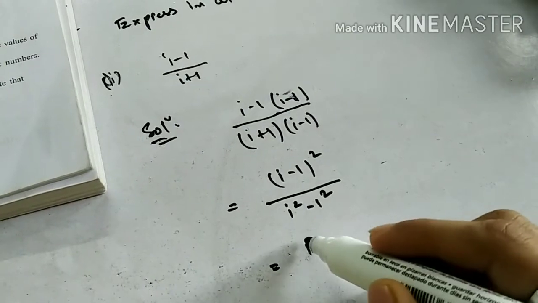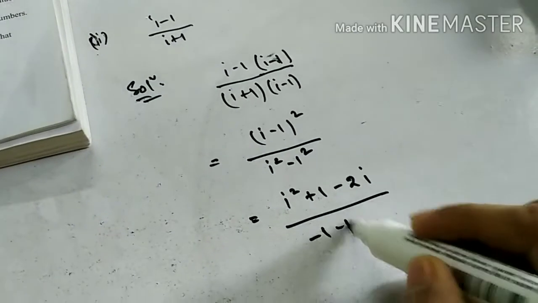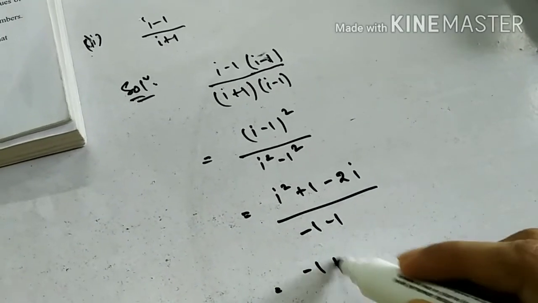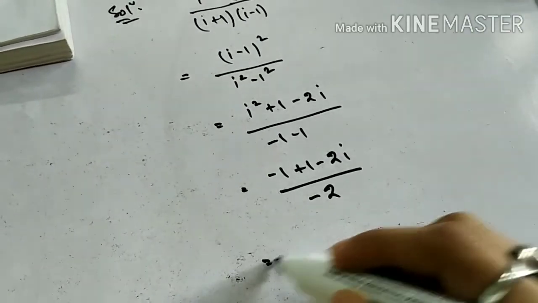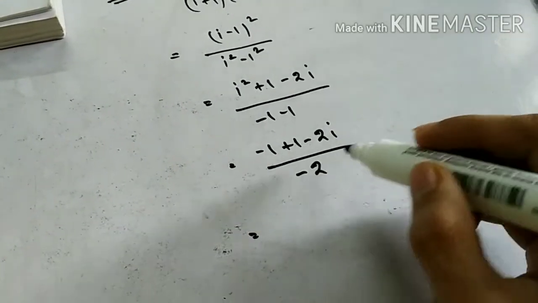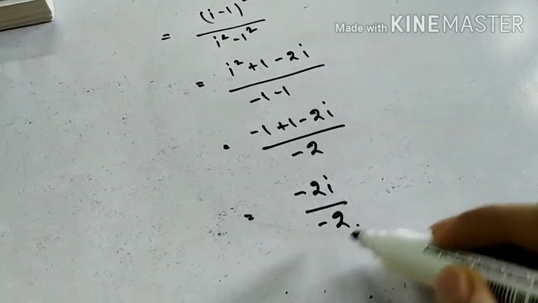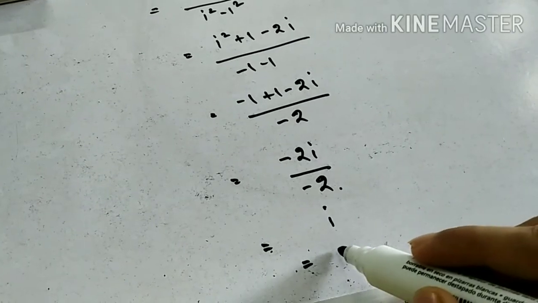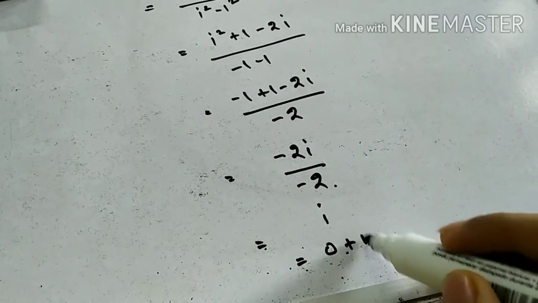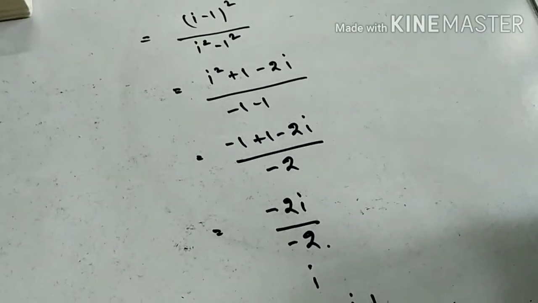This I will break it into formula, 1 square plus i square minus twice i by 1 plus 1, 1 minus 1 minus 2i by 2. So this ultimately I will get minus 2i by 2, which is minus i. So this I can write as 0 plus i dot minus 1. This is a plus ib form.